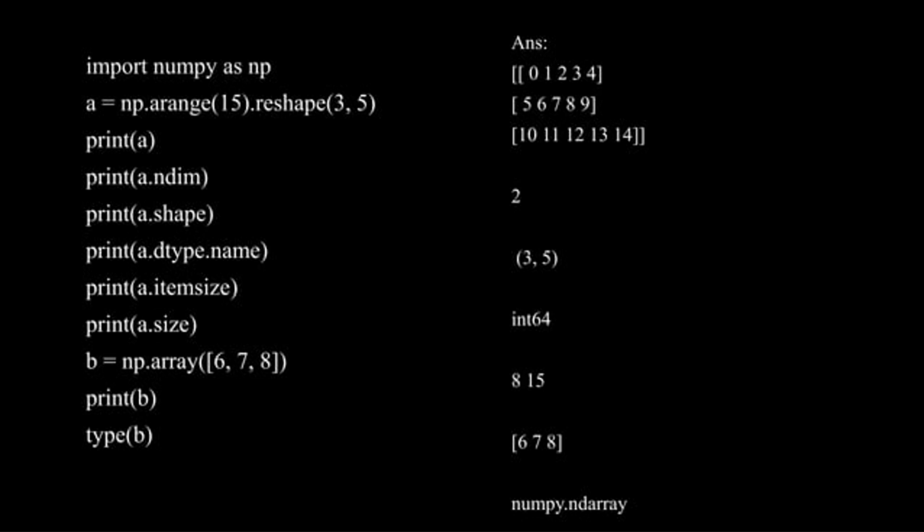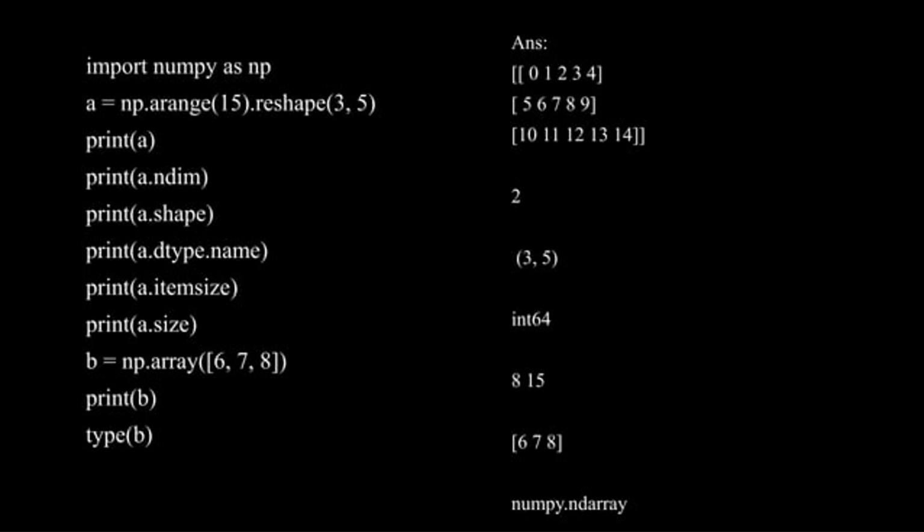Now import numpy as np. It's like 0 1 2 3 4. a equals np.arange 15, reshape means we need to shape it, reshape 3 5. Let's check the answer. Next, print a, print a.ndim, print a.shape, print a.dtype.name, print a.itemsize, print a.size. b equals np.array, in a list stored as 6 7 8, print b and print the type of b.